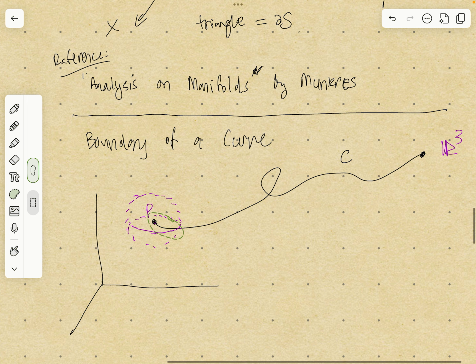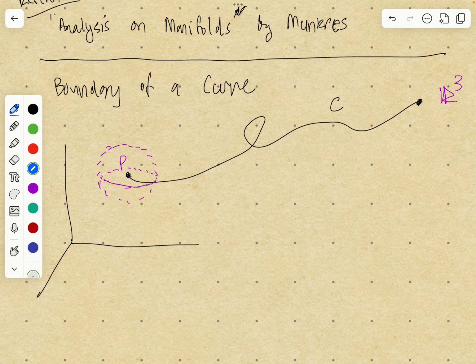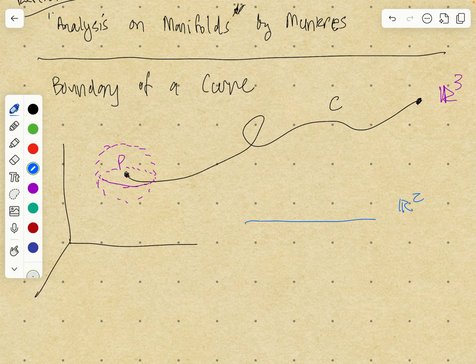And then what that piece looks like is, so here's R1, and this is the point that goes to P, and then it's going to be an open interval here, but then there's a closed point here.